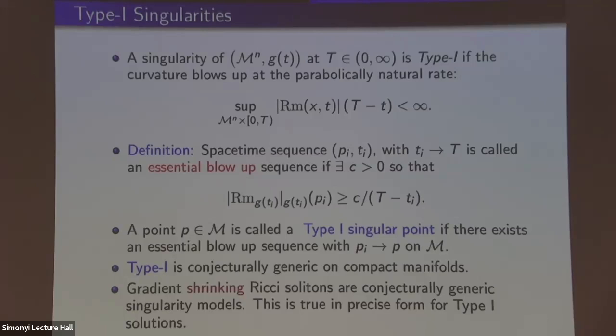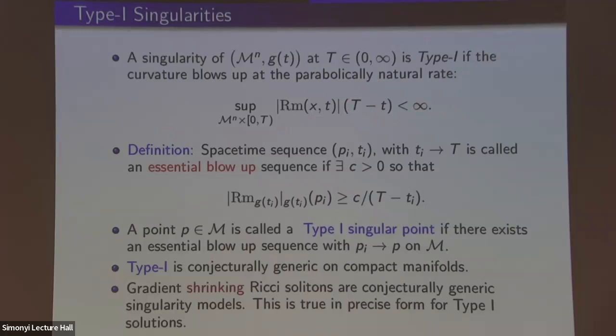If that quantity is equal to infinity, then these are called type 2, and these are the ones that are not expected to happen most of the time. Usually you expect type 1 singularities to happen most of the time.